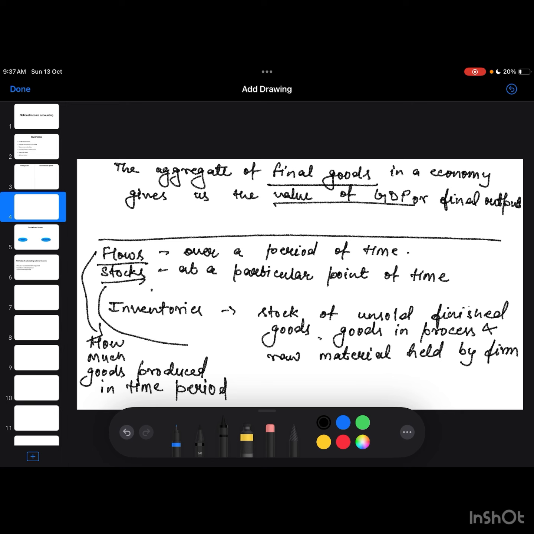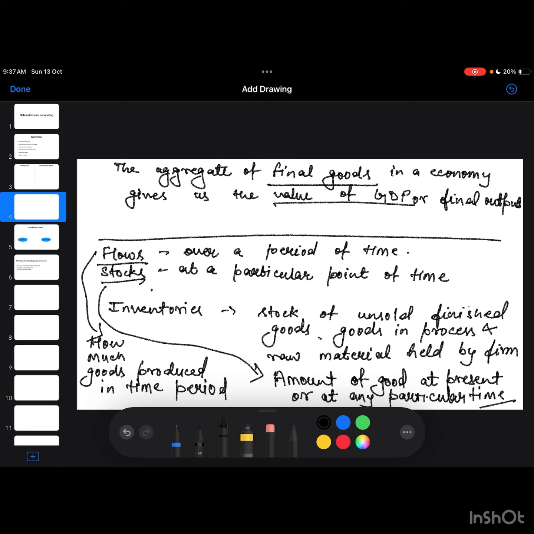while stock is what we calculate at a particular point of time, like what is the amount of goods at present, or at any fixed particular time.